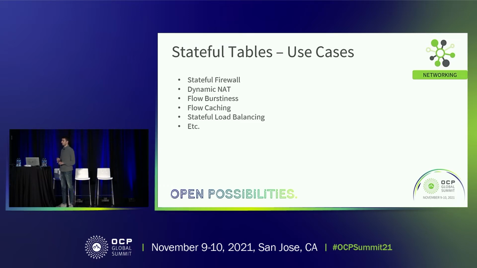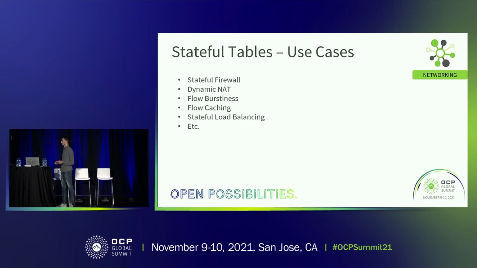It can do a stateful firewall, like for example, only allow connections to go one way, and if this connection is open, then it will open it in the other direction. Dynamic NAT, fully done in the data plane, no interaction with the control plane. So all of the entry allocation will be done in the data plane, allowing for basically millions of connections per second running.